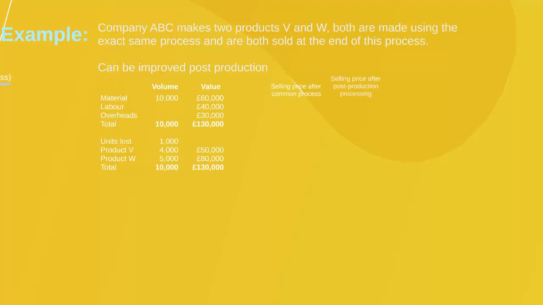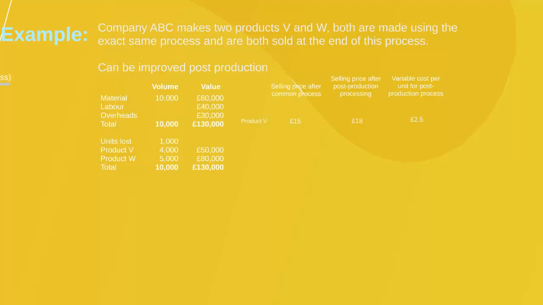So now let's look at the selling price after the common process, the selling price after the post-production process, and the variable cost per unit for post-production. So of course additional costs will also need to be incurred if we do in fact improve them post-production.